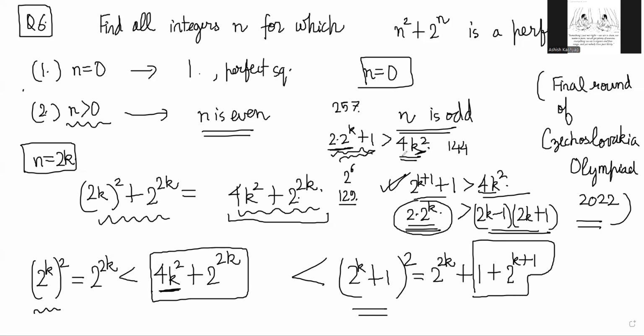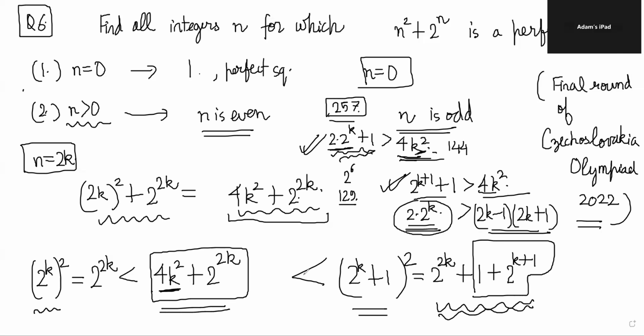And this part is now smaller. So after 7, this will be larger than this, right? So after 7, there is no doubt that this expression is bigger than this. Therefore now we can say that no solution is possible where we have a perfect square for k greater than or equal to 7.